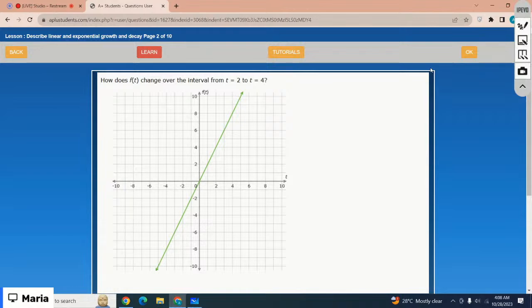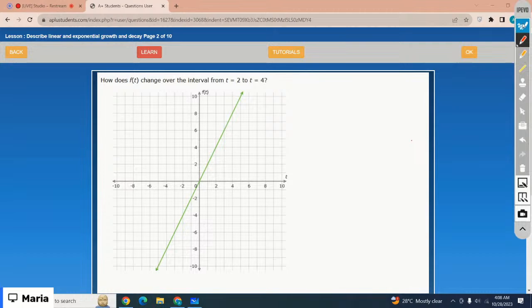Okay, the next one is how does f of t change over the interval from t equals 2 to t equals 4? Okay, here is t equals 2. When t equals 2, f of 2 is 4.